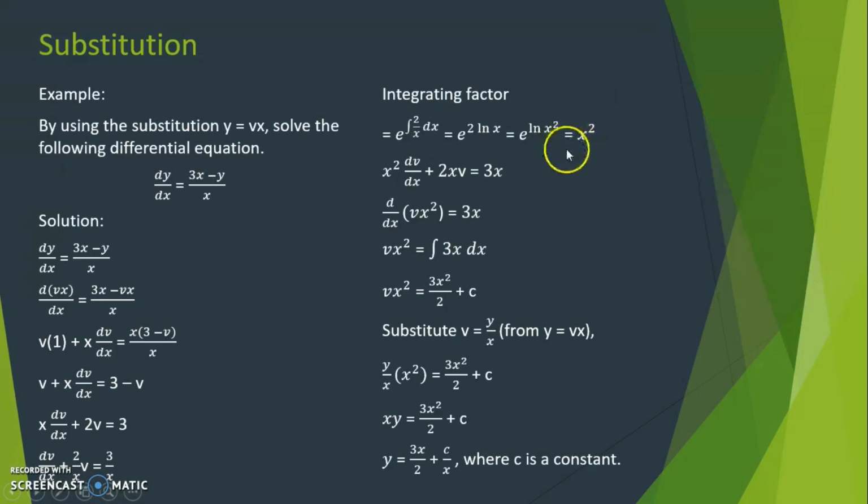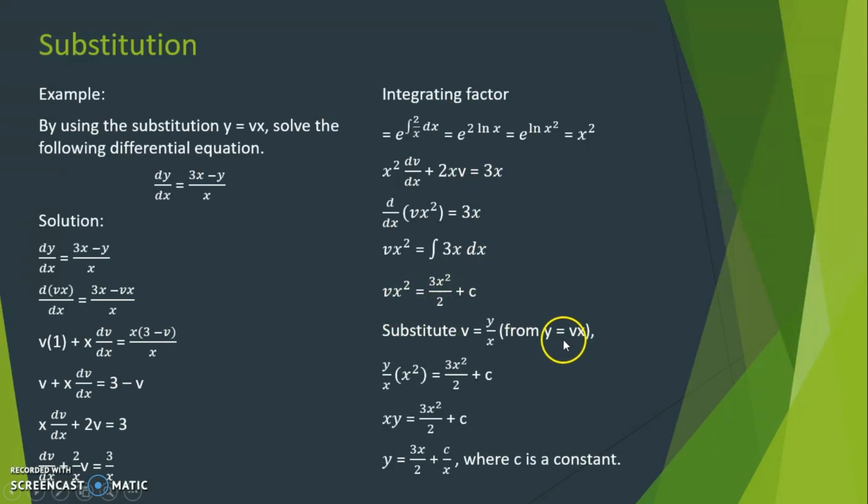Then we multiply both sides of the differential equation by the integrating factor x^2. We will get x^2 dv/dx + 2xv = 3x. And then we solve it step by step. Finally, we will get vx^2 = 3x^2/2 + c.